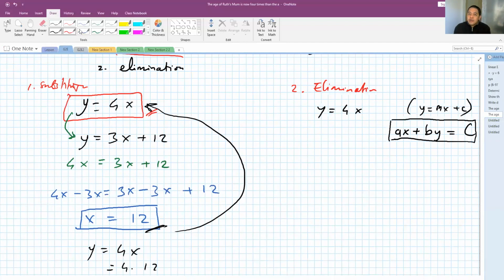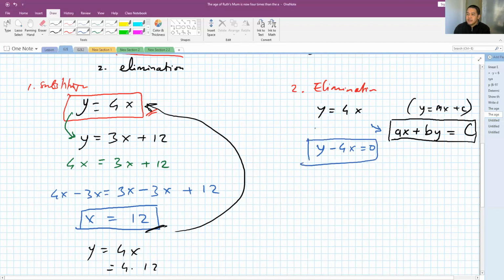So if we want to change this into this kind of form, basically what you do is you can move the 4x to the left-hand side. So here we have y minus 4x equal to 0. So y equals 4x, and when you move the 4x to the left-hand side, that gives you y minus 4x equal to 0. So that's the first equation.